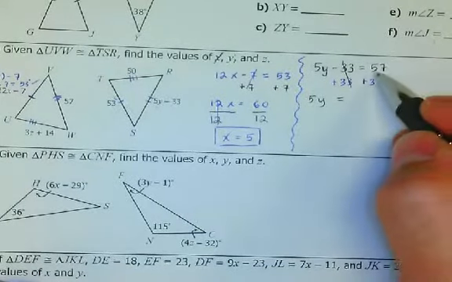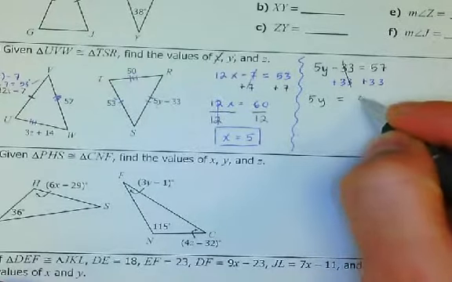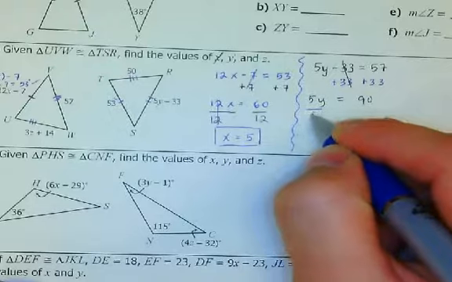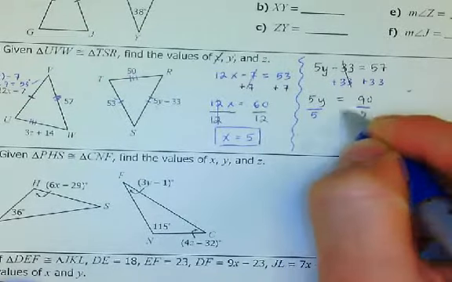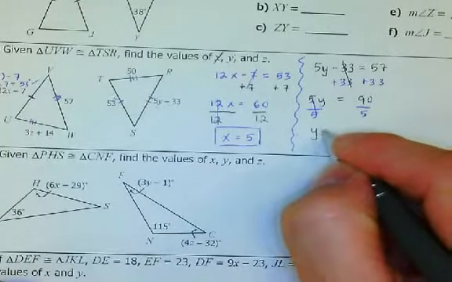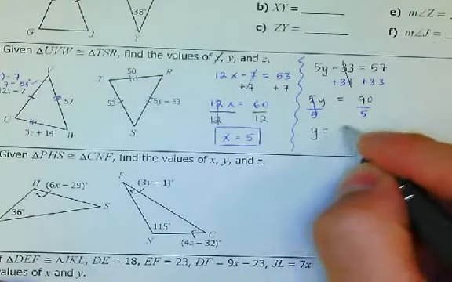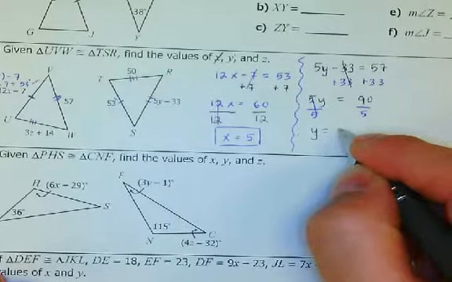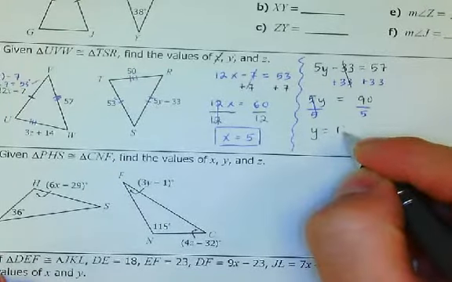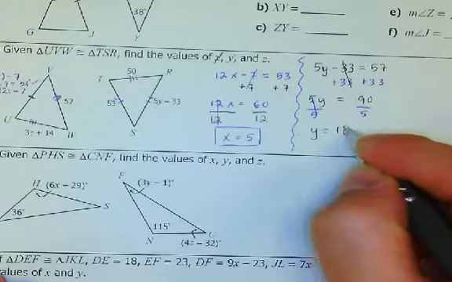So these cancel out. 57 plus 33 is 90. Divide by 5 on both sides. 5 divided by 5 is 1. Then we get y equals 18.